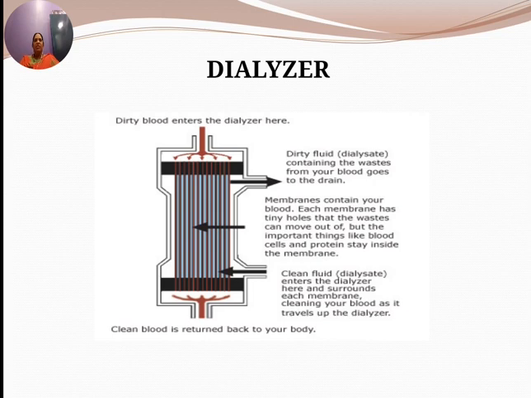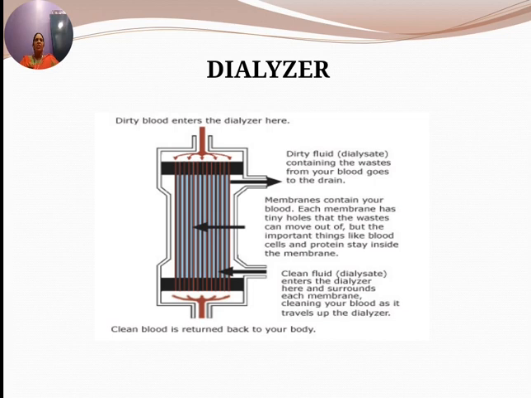It contains your dirty blood coming into the dialyzer. Each membrane has tiny holes that the waste can move out of, but the important things like blood cells and proteins stay inside the membrane.